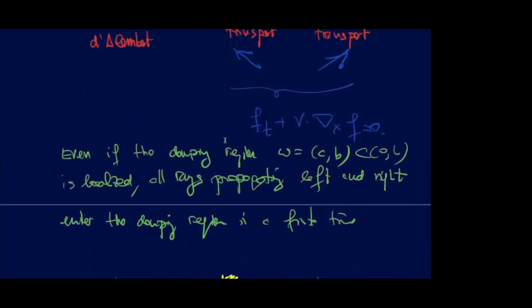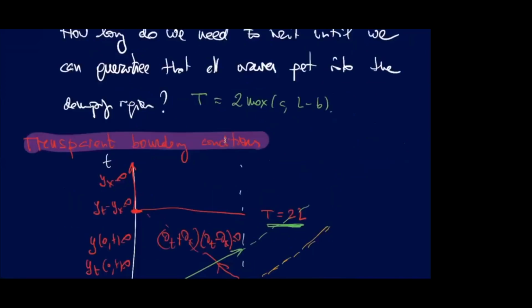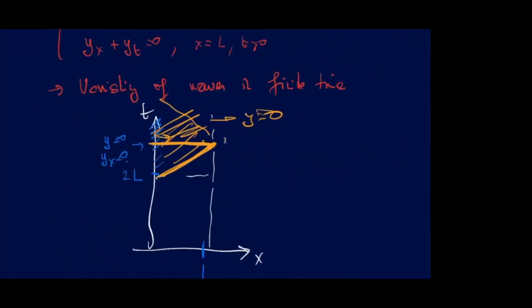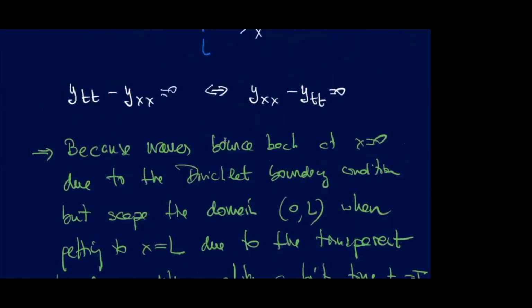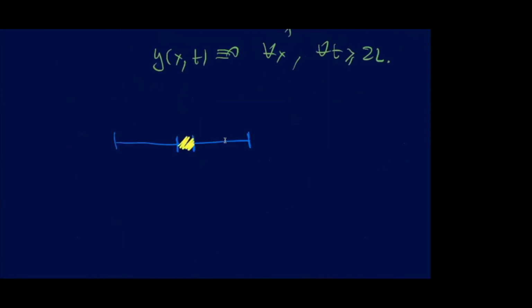Now, what is the link with the problem we were considering before, in which the damping effective here will be sufficient to guarantee the exponential decay of the solutions? Well, basically the damping we are realizing here will have a similar effect to boundary conditions which are transparent here and there.